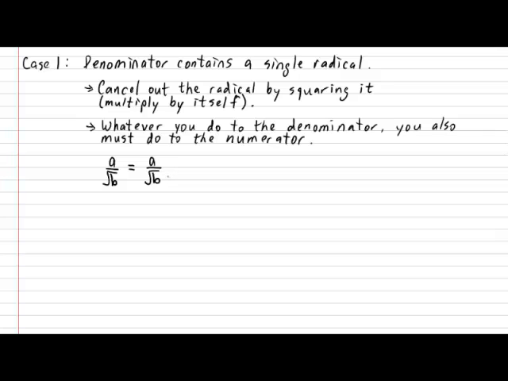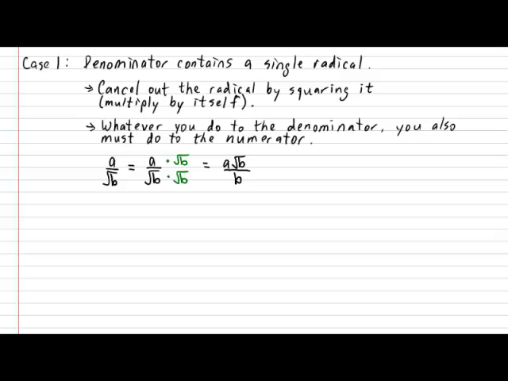To get rid of the root b in the denominator, we have to multiply by root b, but to keep the equivalency, we also have to multiply the numerator by root b. And when you simplify everything, this gives us a root b all over b, since root b times root b is just b. There we go. The denominator is now not irrational anymore.